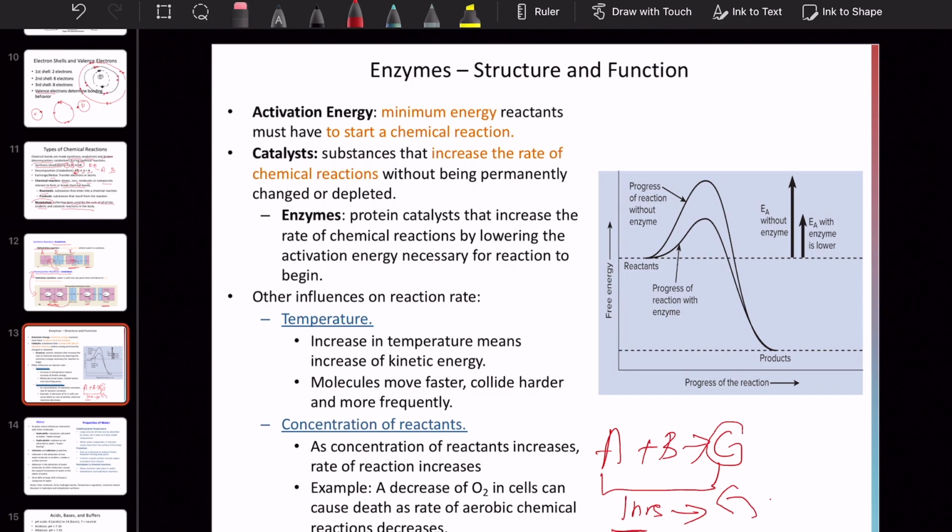The activation energy to make the reaction, reactant to product, is going to be low. For example, this graph is very easy to understand. This is a progress of reaction. So reactant and product, no difference.